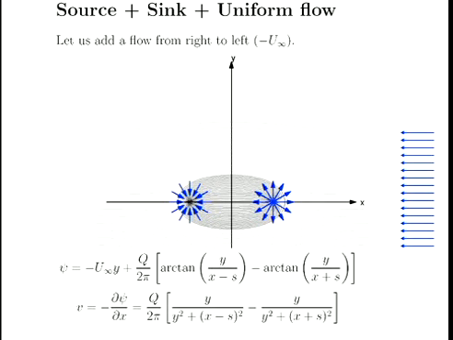An interesting thing that I forgot to mention up to now is that because that uniform flow from right to left has a stream function that's minus u infinity y, when we differentiate that with respect to x, it just goes away. So actually the vertical component of velocity v knows nothing about that uniform flow.